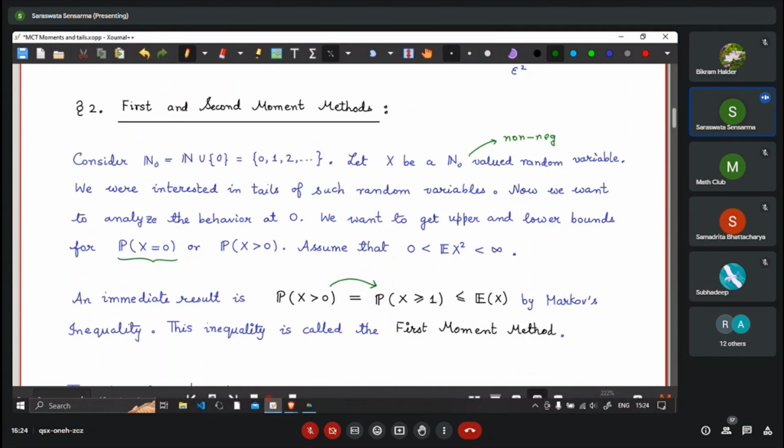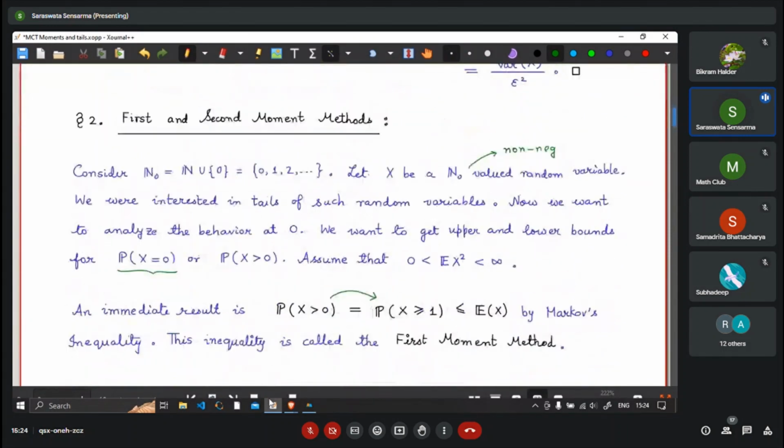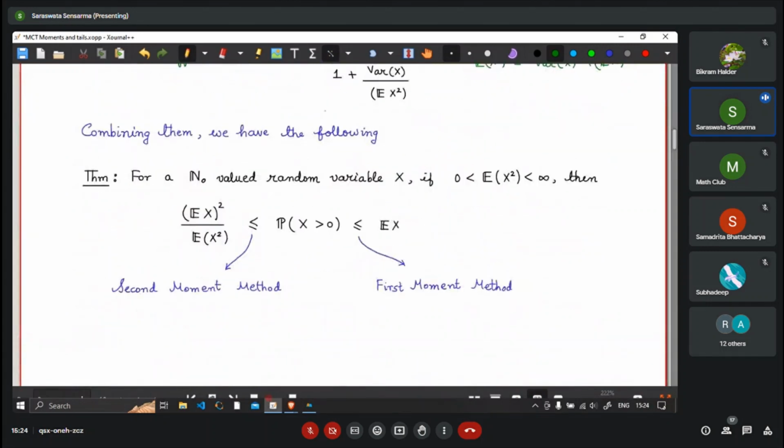We first have to say this is equal to that. So this is what we have for any integer valued random variable. If the second moment exists and is finite, and you can demand it to be strictly positive, then this inequality gives both an upper and lower bound to the probability of X being strictly positive.